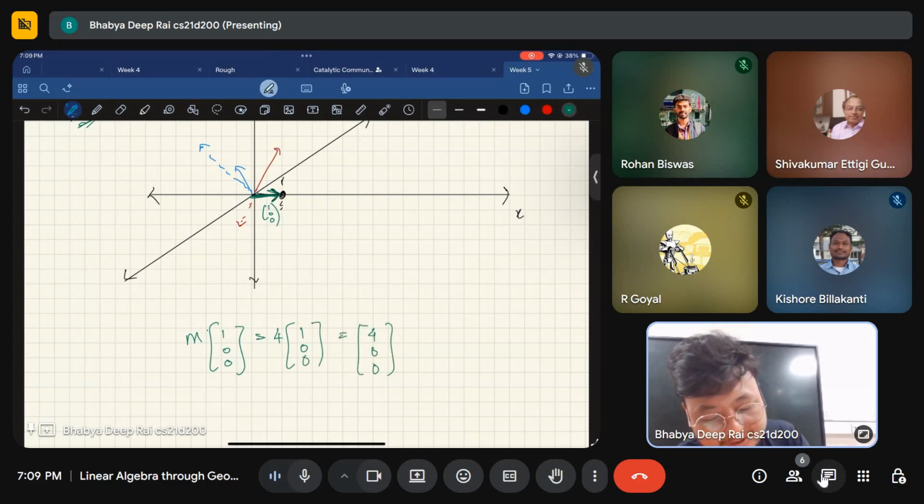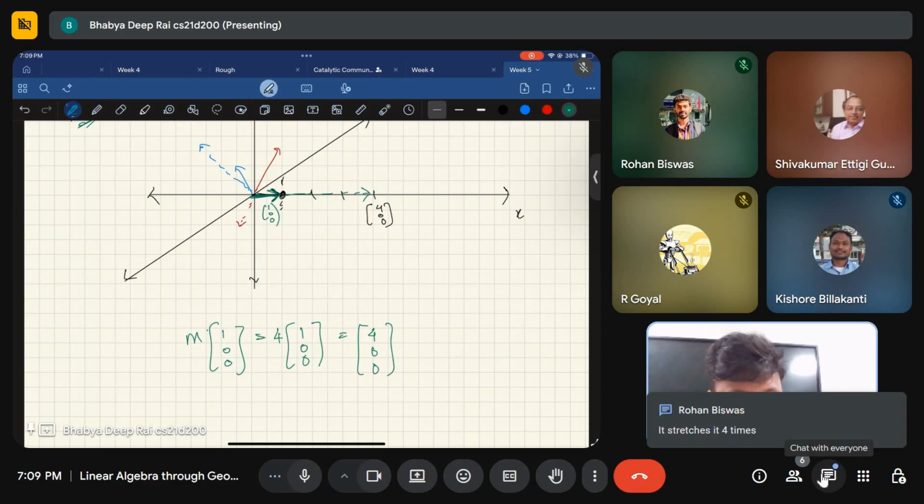What is 4, 0, 0? Let's say 1, 2, 3, this is 4. So this is 4, 0, 0. So it gets transformed. The direction is preserved, but the size of the vector is increased by a factor of 4. It stretches anything on this axis by 4 times.